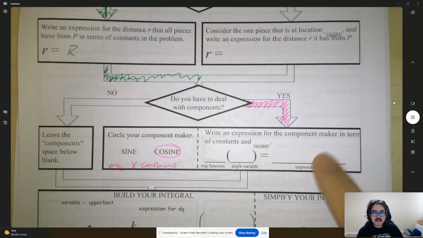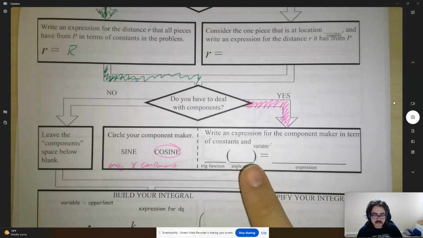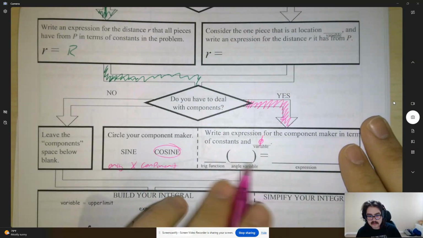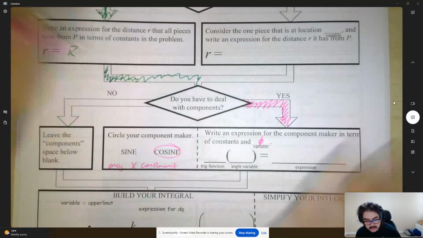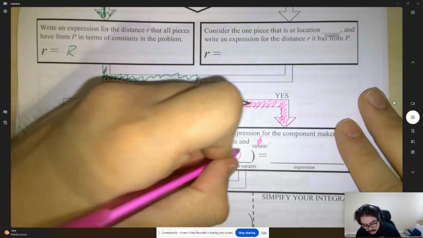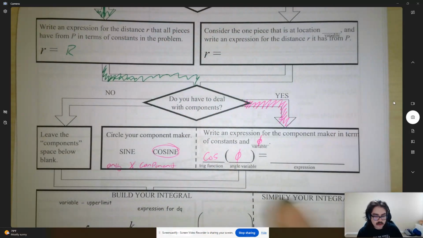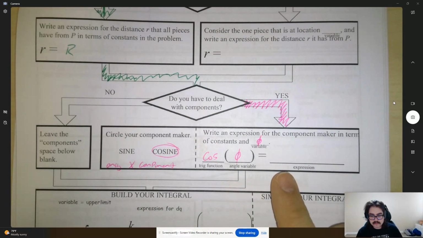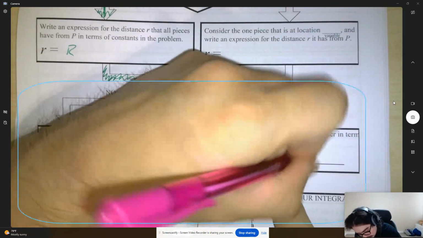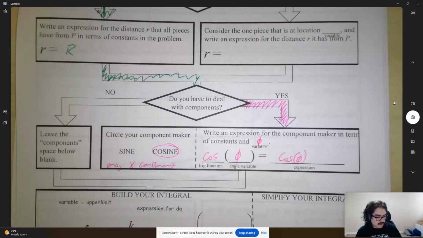An expression for the component maker in terms of the constants and the variable, that's phi. Phi is my variable again. I'm going to use my trig function. I'm just piecing everything together; I'm not having to do any real thinking here. Cosine of phi is equal to, and you're not going to believe this, cosine of phi.